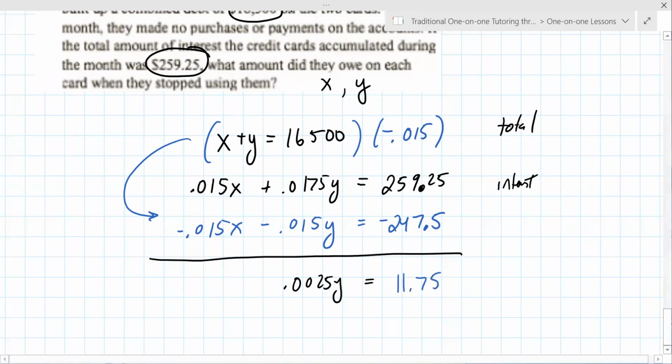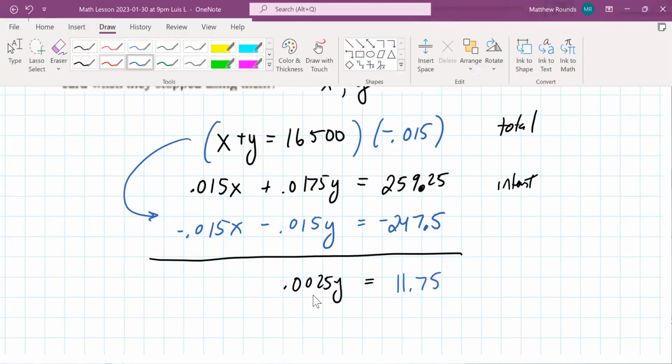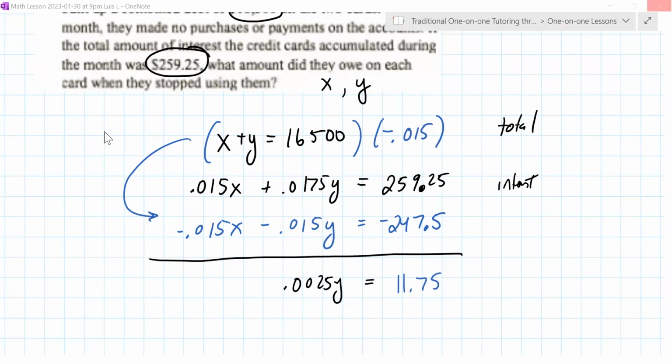Okay. Finish this one off here. Tell me what you get as a final answer for Y. 4,700 for y. Yes, that is correct.